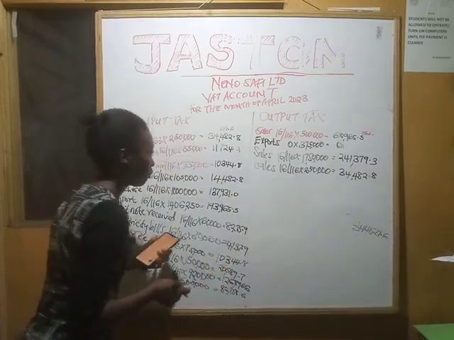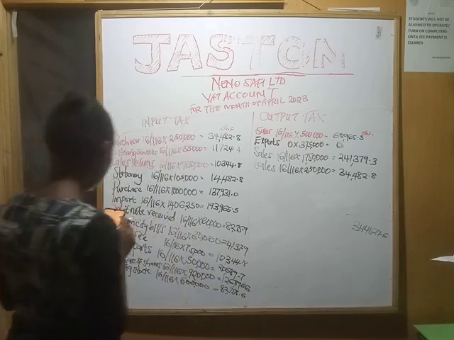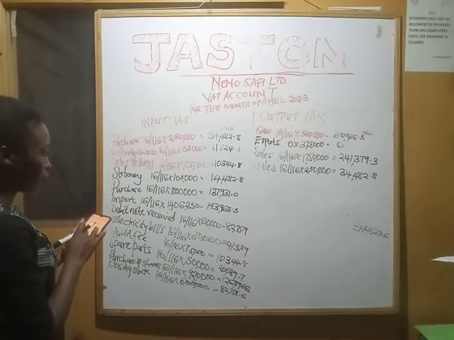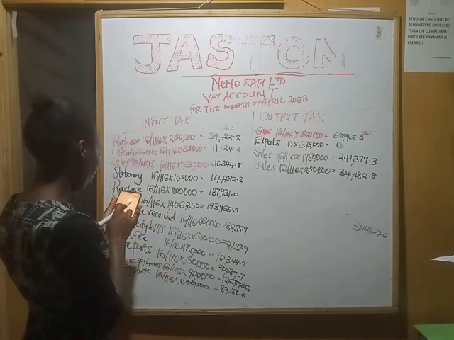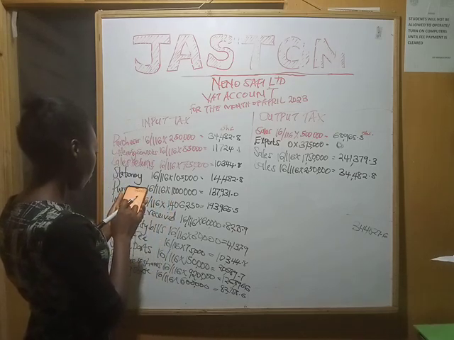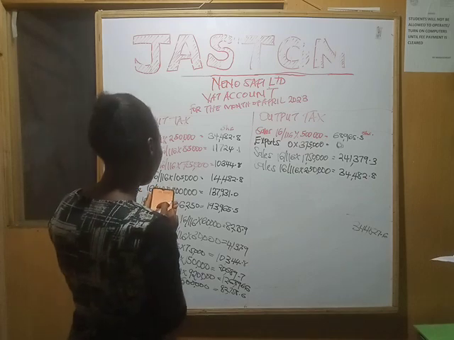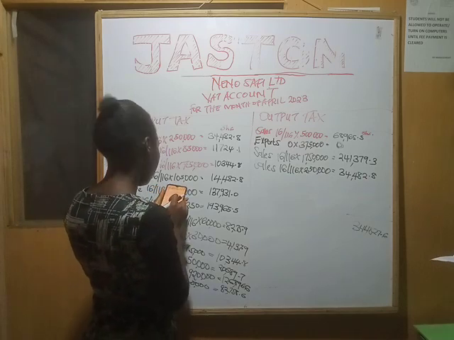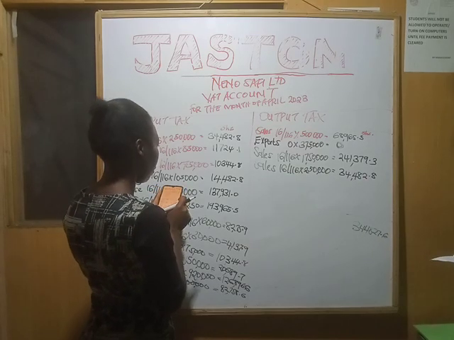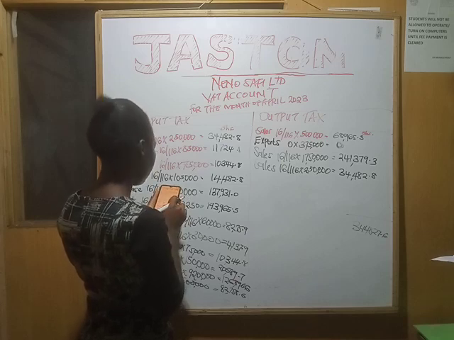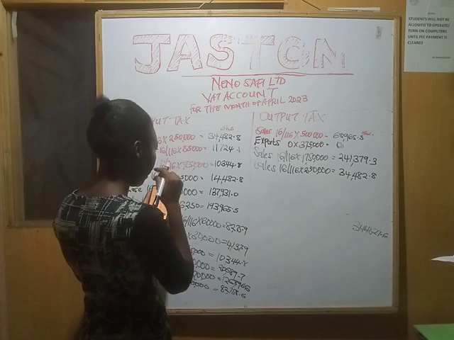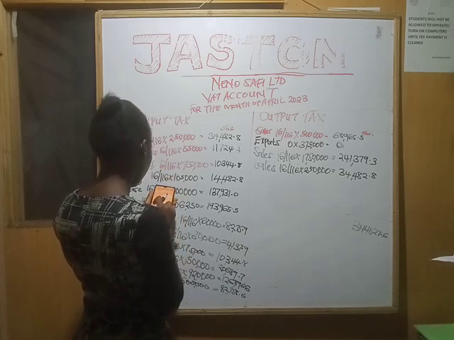And on this side we have, let's take the one which is more, I think it's this one. We have 34,482.8. We add 11,724.1 plus 10,344.8. We add 14,482.8.